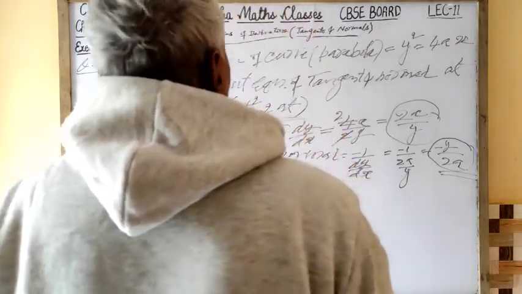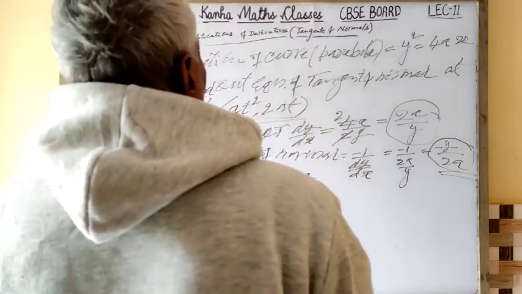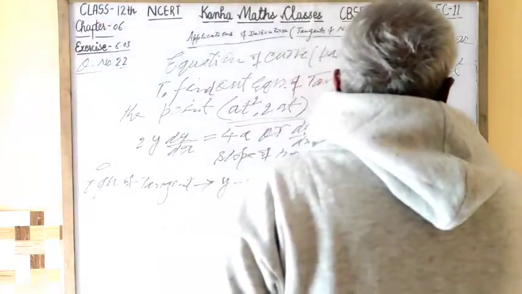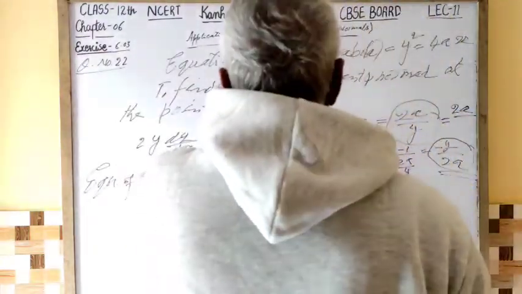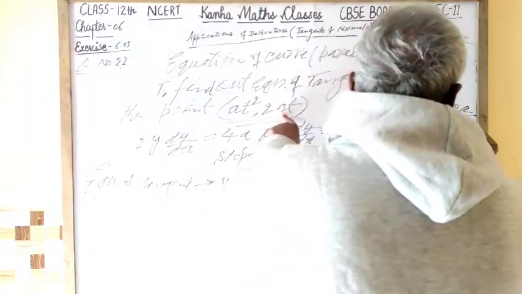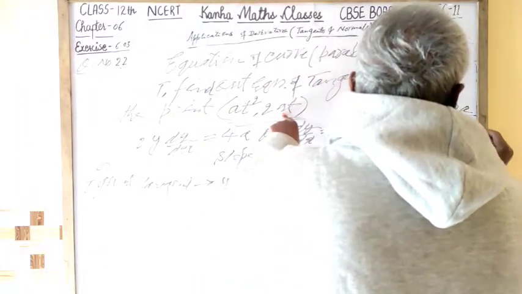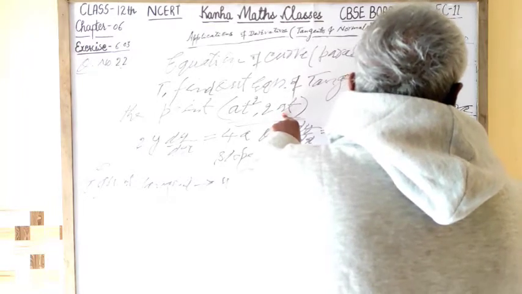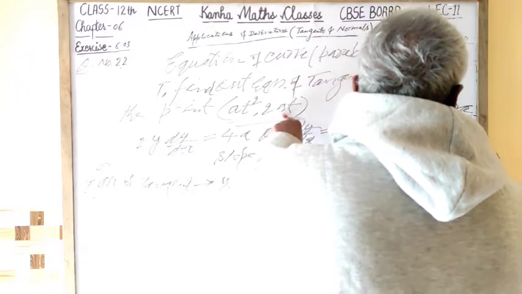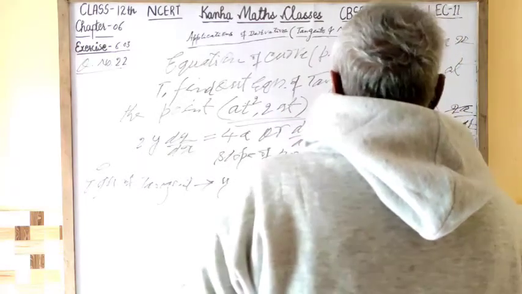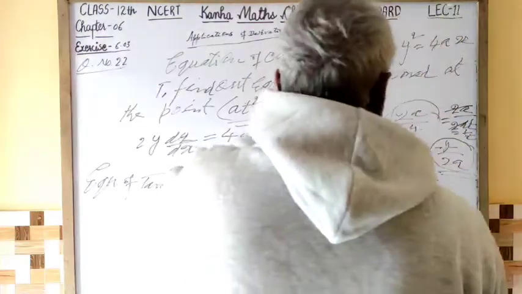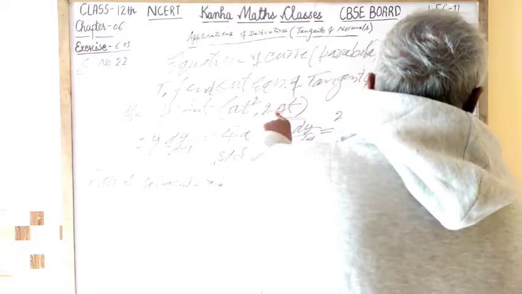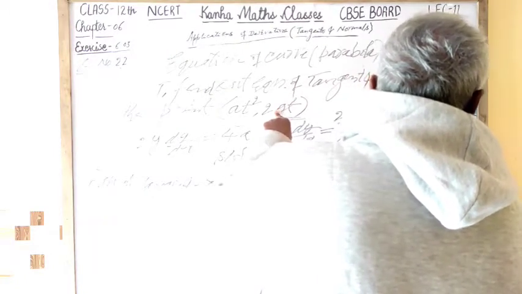Here y is 2at, so 2a cancels, this will be equal to 1 upon t.